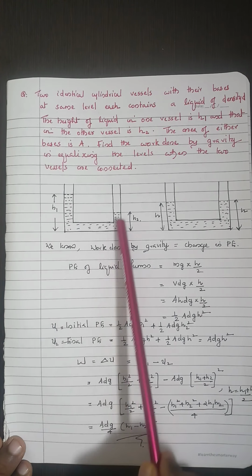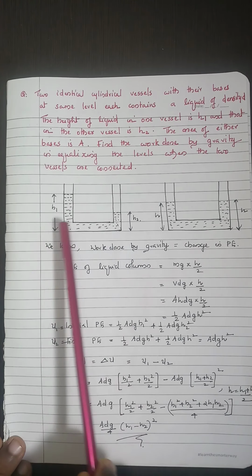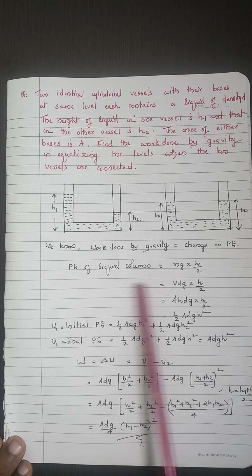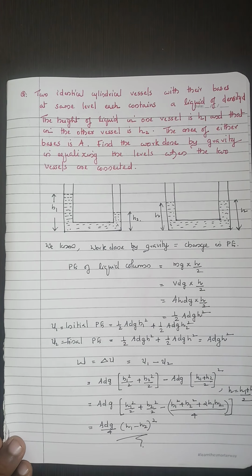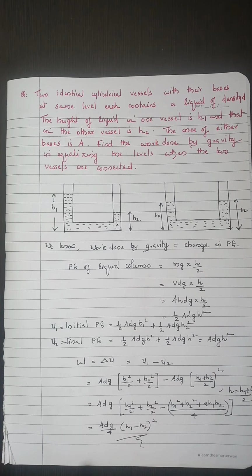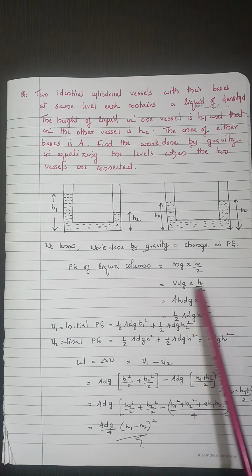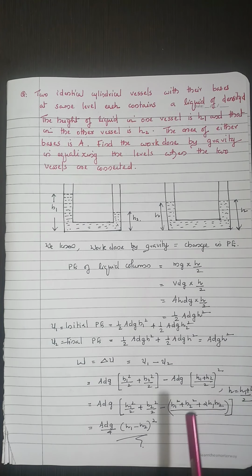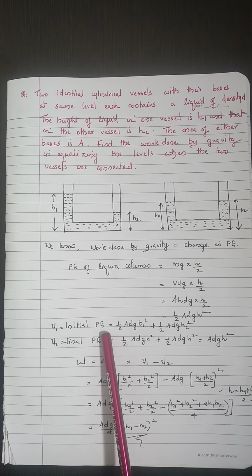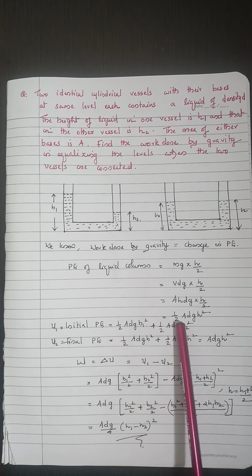At first, we can find the potential energy for these two limbs. Taking the simple concept, it is mg into h by 2 by using the center of mass concept. mg is nothing but V into density into g, into h by 2. So you get the formula like that. Then what is the initial potential energy for both the liquids? You get it.